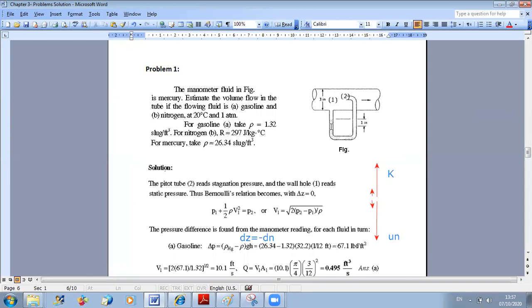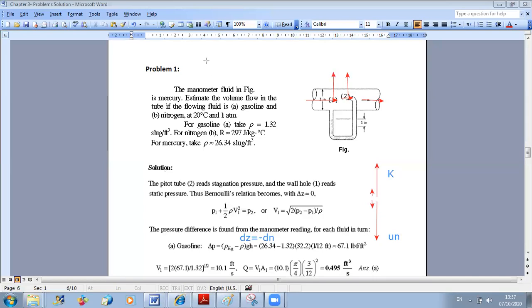Now, what do we have here? We have in this figure a manometer, and you have a flow that is passing through this tube. This is what we call a pitot tube. Why? Because at point 2, we will decelerate the fluid until reaching a velocity of 0. So we say that in 1 we measure the static pressure, and in 2 we measure the stagnation pressure.